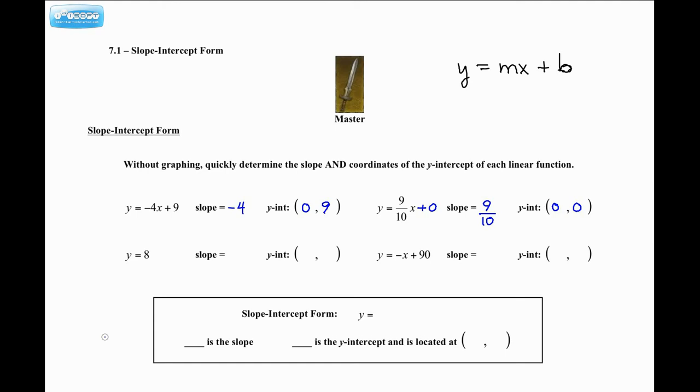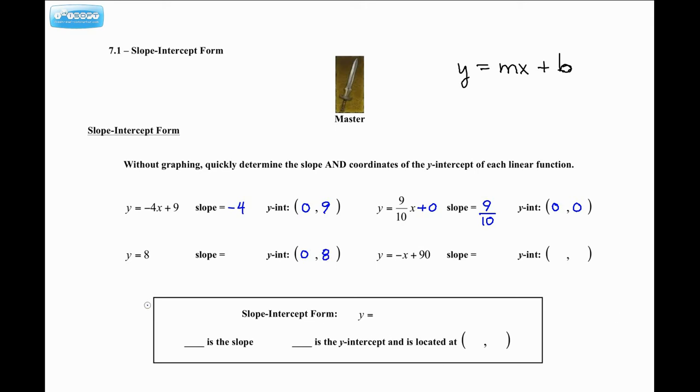All right. Next, y is equal to 8. Well, don't panic. This number is not multiplying the x, so this cannot be the slope. This actually is the y-intercept. But what's the slope?